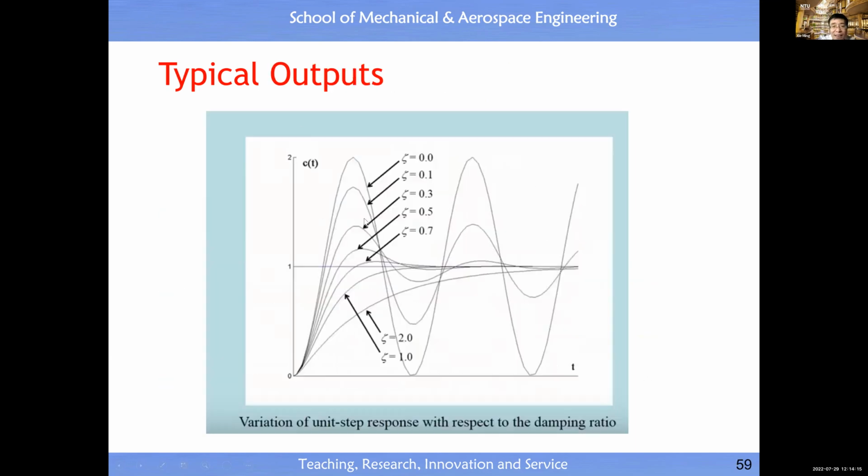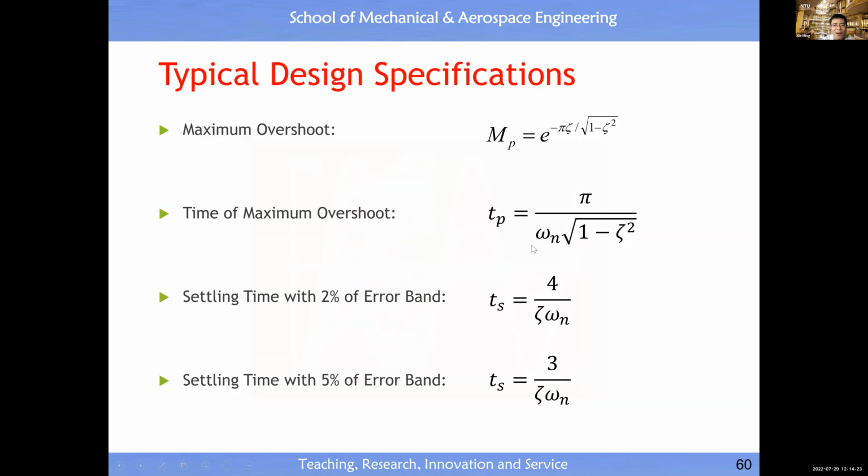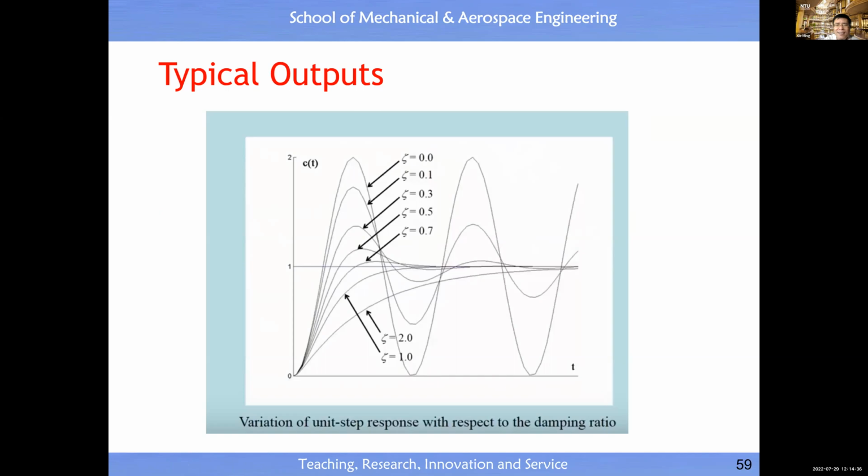And here you will see if zeta is smaller than 1, you have an overshoot, and you have rising time, response time, etc. Then we can determine the formulas to calculate the first maximum overshoot, and the time for the maximum overshoot to occur. Then what is the time for the steady state response to enter the error band?